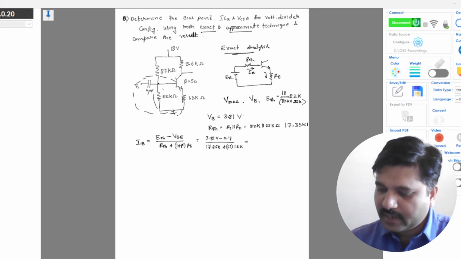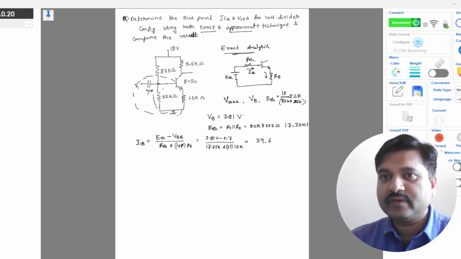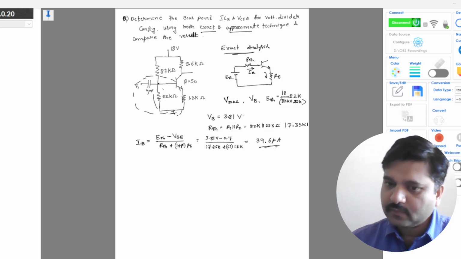On solving this, you will get IB as around 39.6 microamps, right?